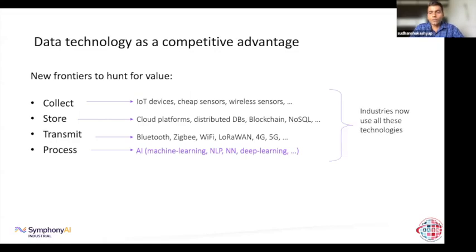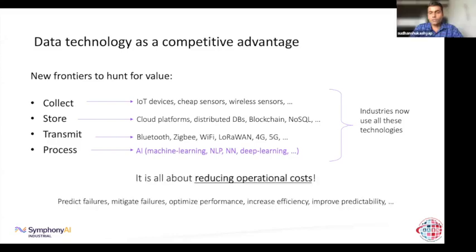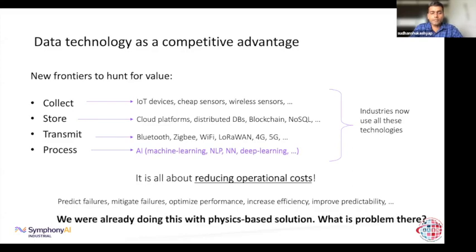So now industries are trying to use all these technologies, and what is the objective? The objective is reducing operational costs. We do it by predicting or mitigating failures, optimizing overall plant performance, and improving efficiency. These objectives have always been there since the industrial revolution, and we are continuously trying to improve plant profitability.